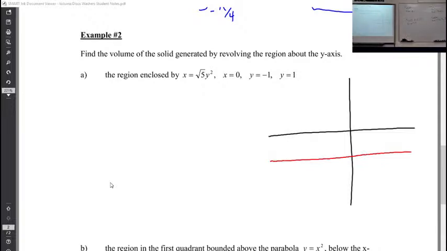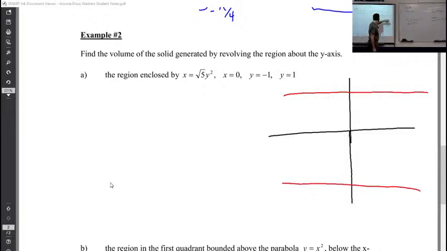Let's give myself a bit more space than that. Those are horizontal lines down at -1 and +1. So here is -1, here is +1. And then we have x equals square root of 5 times y squared. Well, x equals y squared is just a sideways parabola. And then the square root of 5 is going to stretch it out a little bit, but it's going to be a sideways parabola. So I'm going to draw out, let's see, 0, 0.